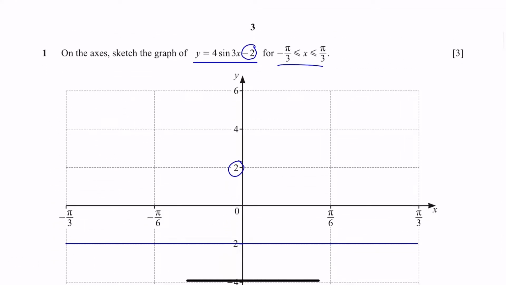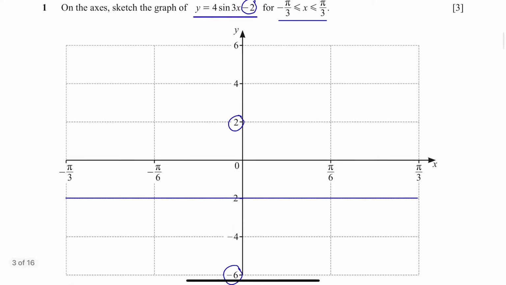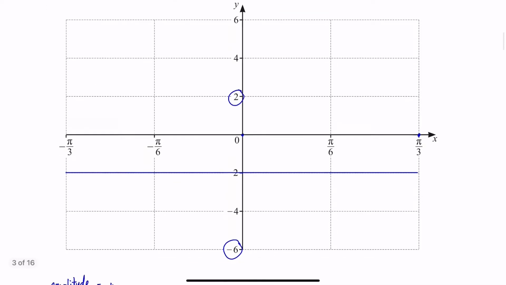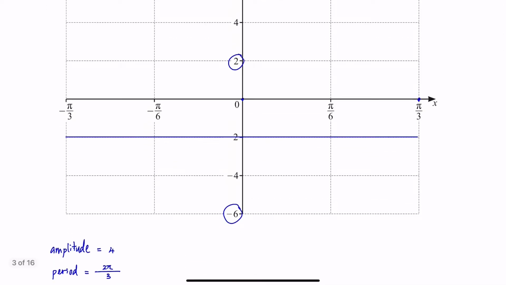But we only need the graph from -pi over 3 to pi over 3. So from 0 to pi over 3, it would only be the first half of the graph. So let's start drawing from 0. So we have the first half of the graph in this shape.